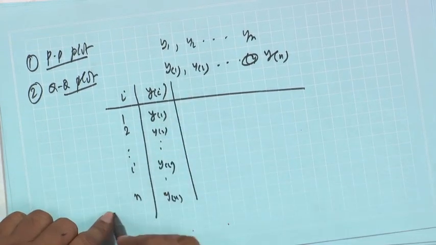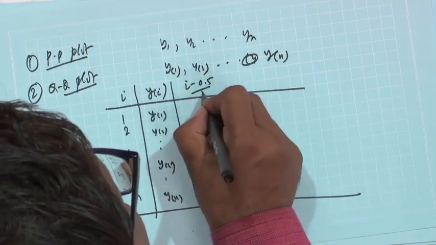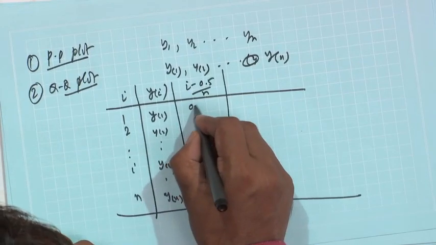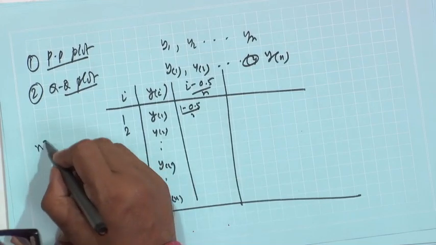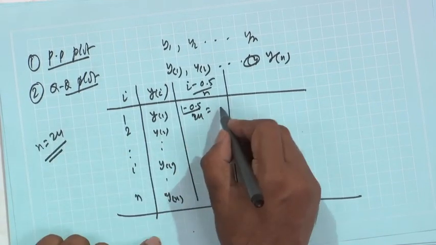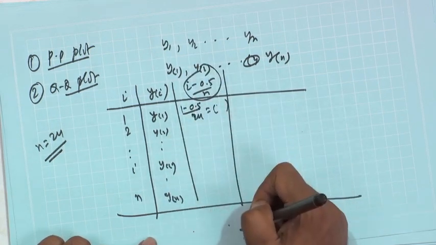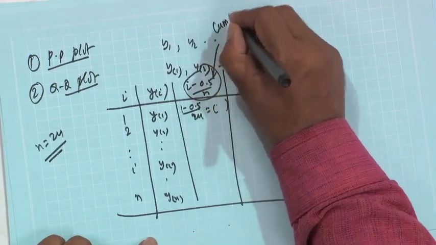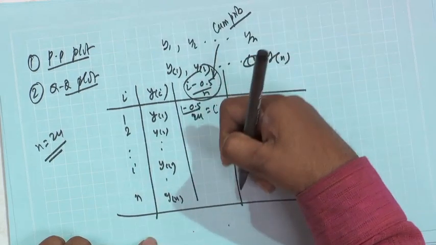And on this side you write (i minus 0.5) by n. For example, if n equals 24 in our case, you get some probability or percentage values. These are nothing but cumulative probability values.